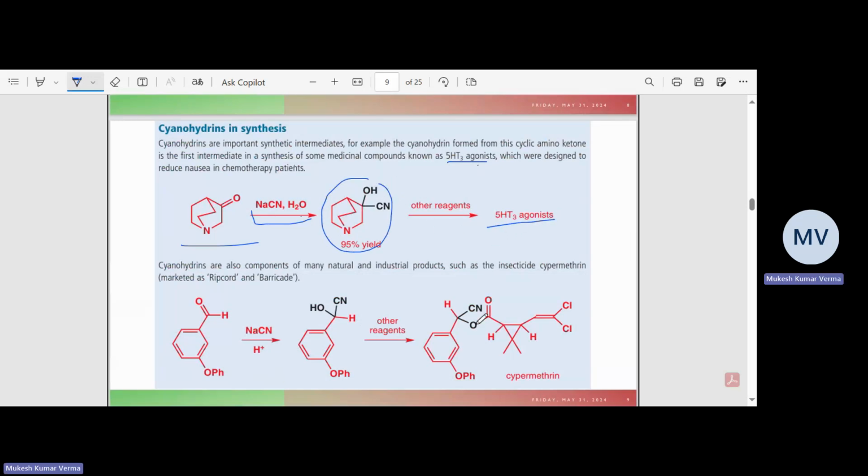These cyanohydrins also help in the formation of the insecticide cypermethrin. In this simple reaction, this is the starting reactant, and the reaction takes place with sodium cyanide to form the cyanohydrin. It shows that cyanohydrin is an important intermediate in most of these reactions.